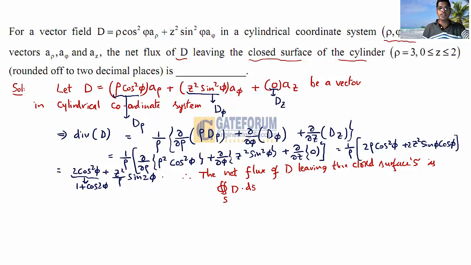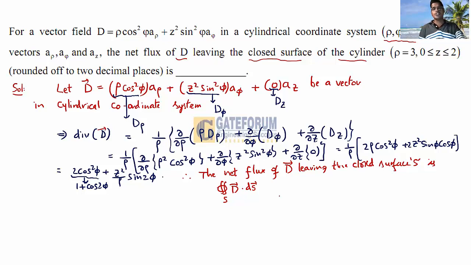Okay, since D is already a vector, it is better to write it with bars, D bar dot dS bar, as the mathematical notation, to understand it in a good way.